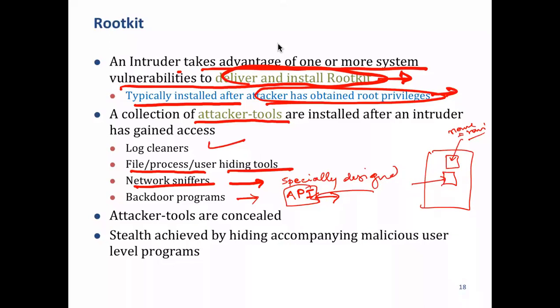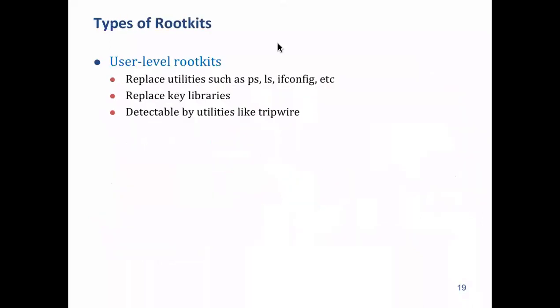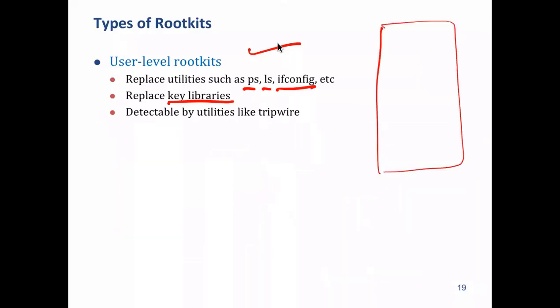Okay, so these attacker tools, once they are in the OS, are concealed. There are user-level toolkits which will replace utilities like ps, ls, ipconfig or ifconfig, and replace key libraries. Now you see that in user space we have libraries, right? We have seen that there are various libraries which user programs use.